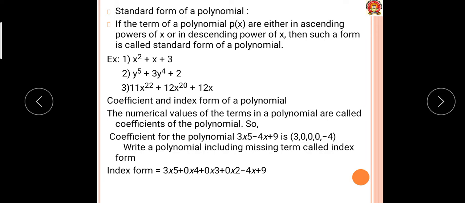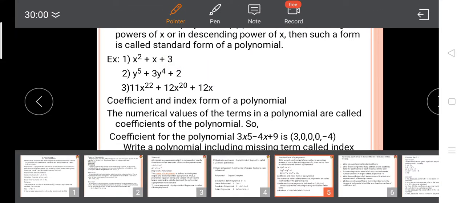Now see the standard form of a polynomial. If the terms of a polynomial p of x are either in ascending order or in descending order of power, then such a polynomial is called a standard form of a polynomial. See, in this example, if you observe the degree of the terms, it is in descending order. The degree of this term is 1, and for this constant the degree is 0. How to write it?